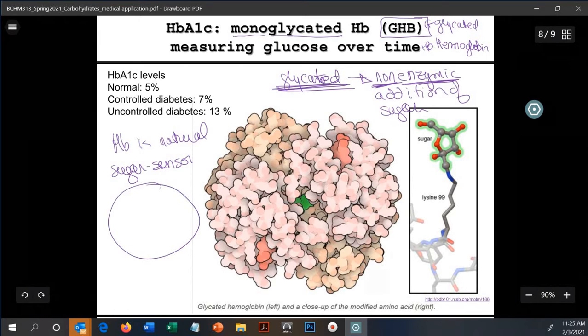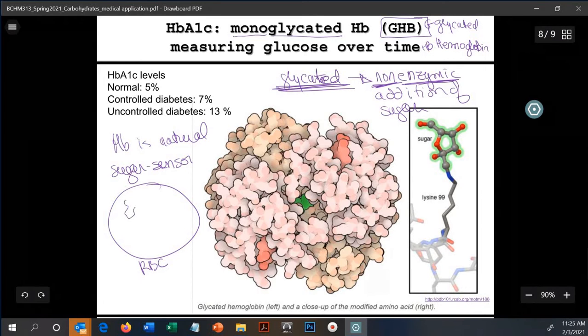If we look at red blood cells, anytime somebody asks where's hemoglobin, never say it's in the blood, because that would be bad. Hemoglobin is inside red blood cells, which are in the blood. Hemoglobin should never be free in blood. Red blood cells are just membrane-bound sacs of hemoglobin that float around in your blood.